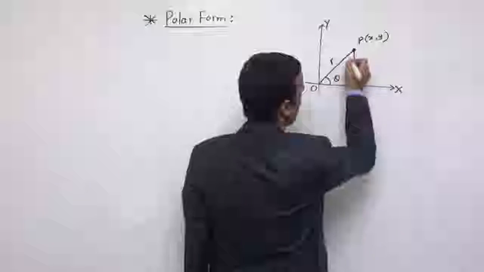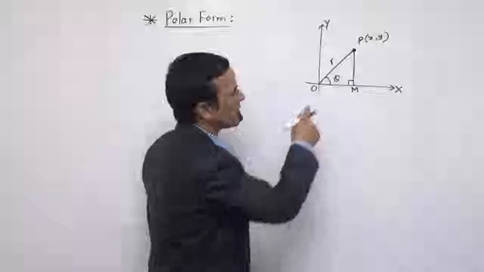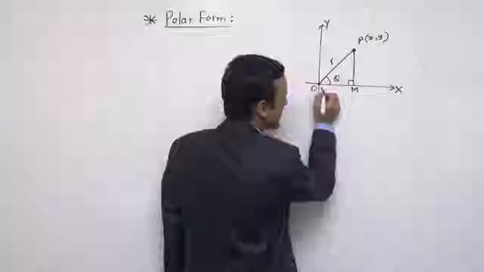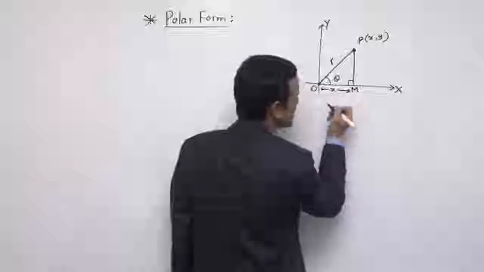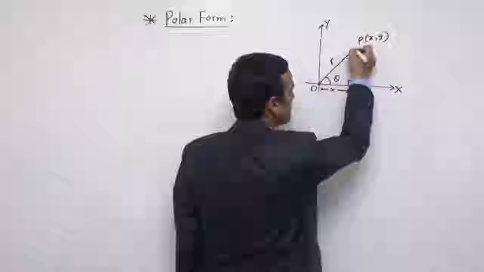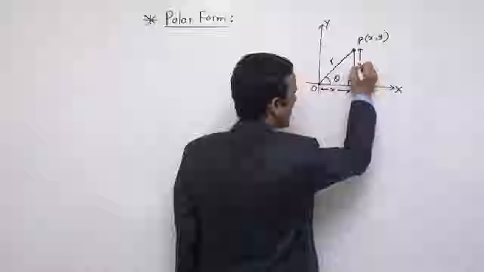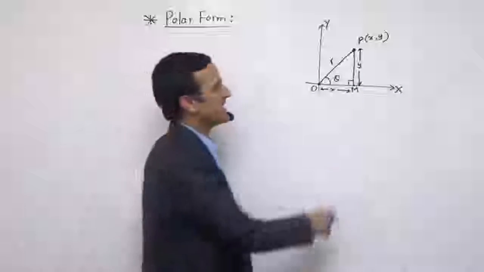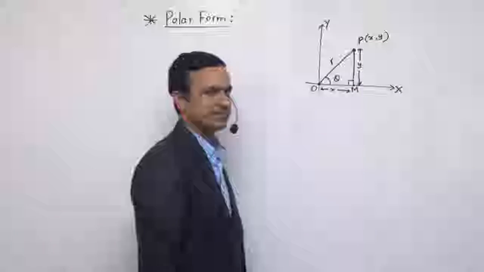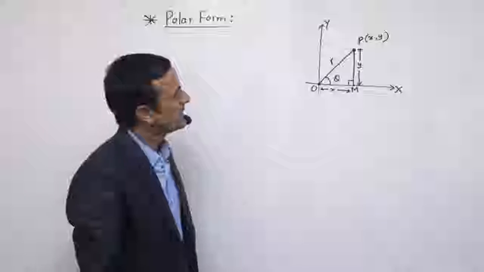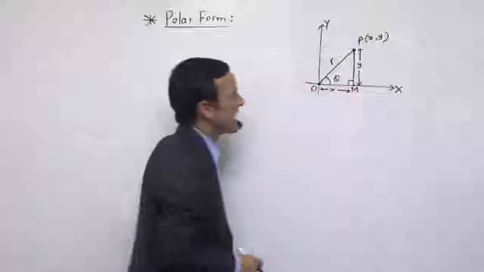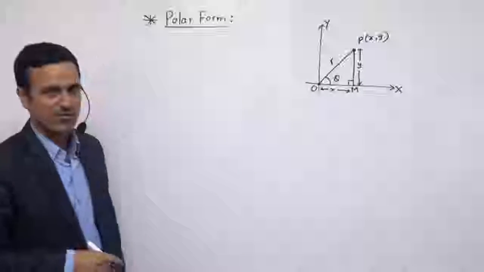So in this way, हामी हेर्न सक्छौं x, y को meaning यसमा चाहिँ origin बाट यो M सम्मको distance is x, this is x, र M बाट P सम्मको distance लाई हामी यहाँ y भन्छौं, this is y. That's why its coordinate is x, y. So we can see over here the coordinate x, y can be expressed in the polar form.